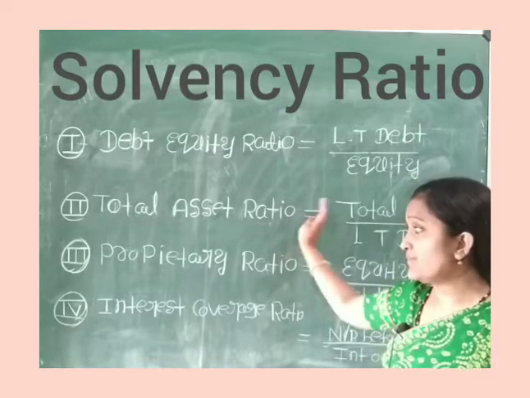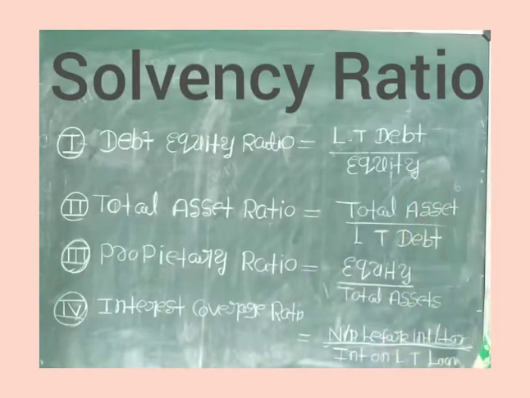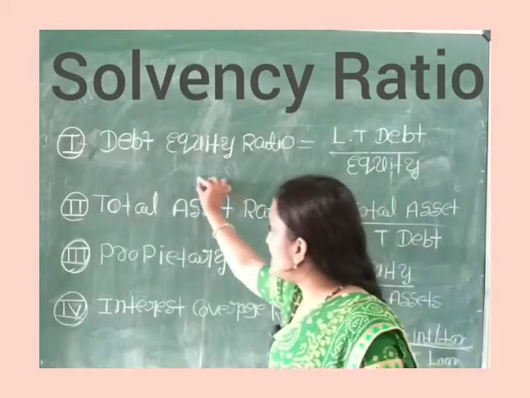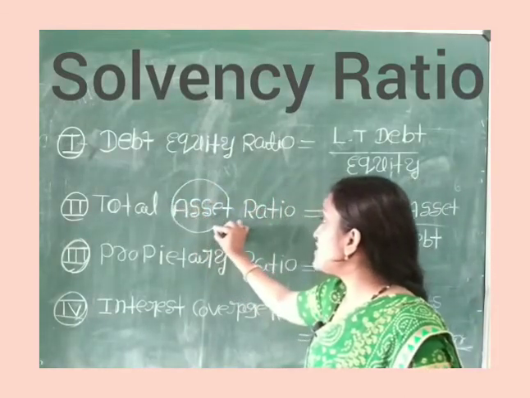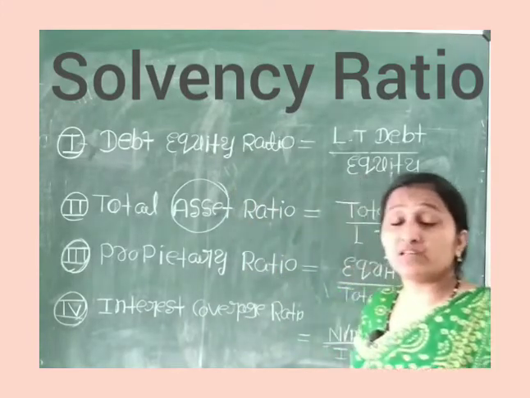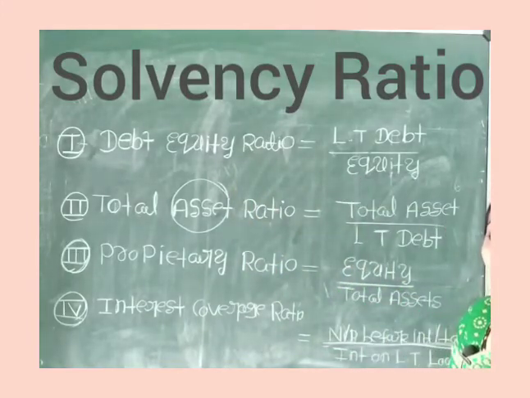In the same way, the second formula of solvency ratio is the total assets ratio. For total assets, you already know very well what an asset is. Assets are those owned by the owner, by the proprietor, kept in mind for the long run, for a longer period.